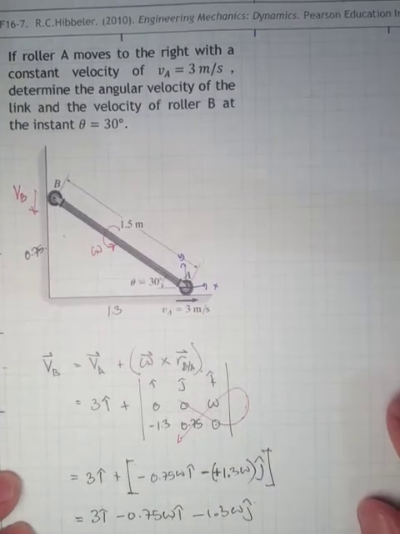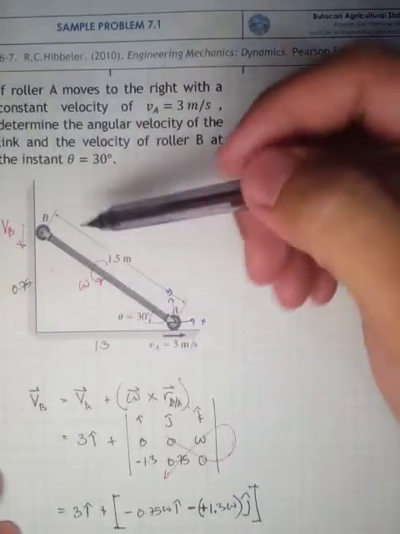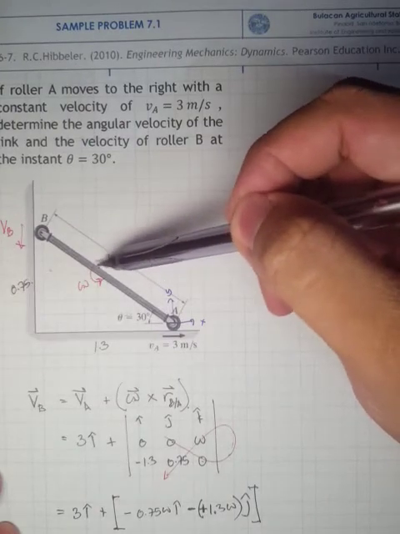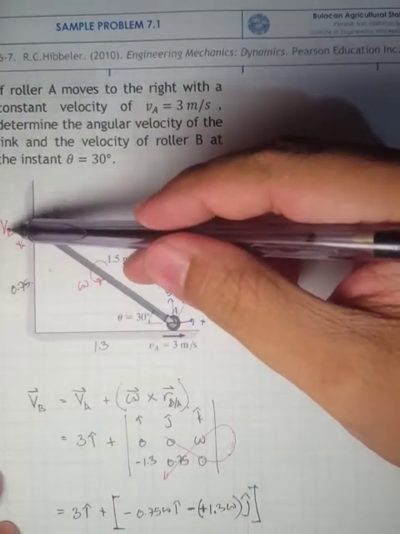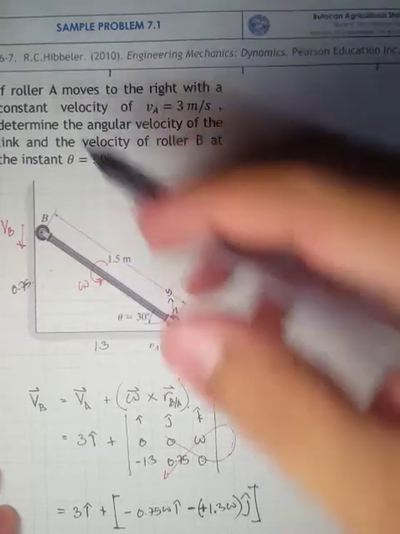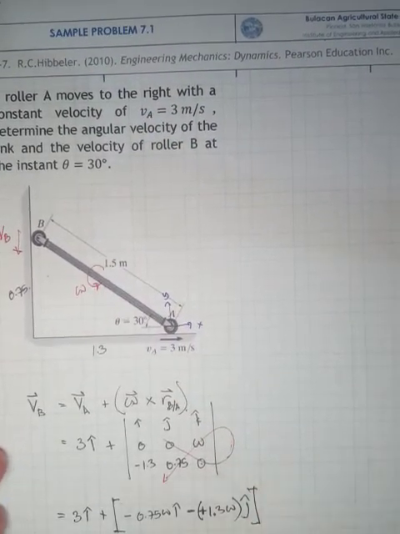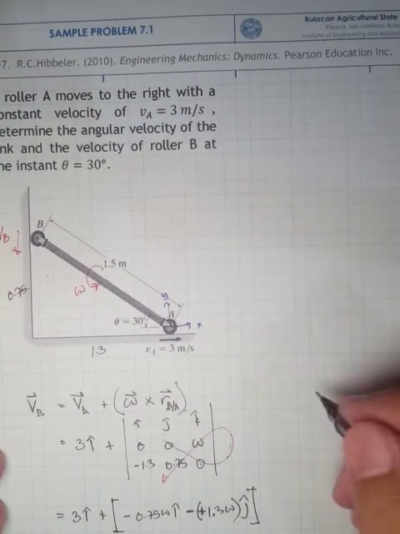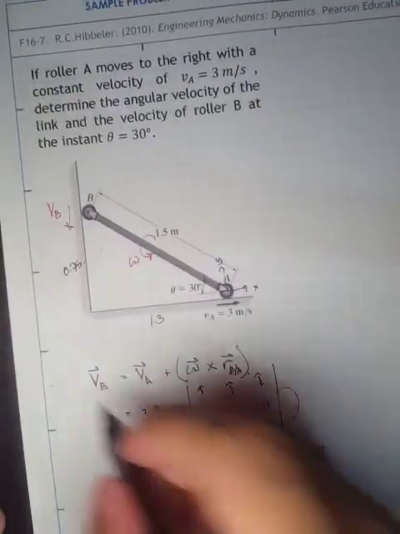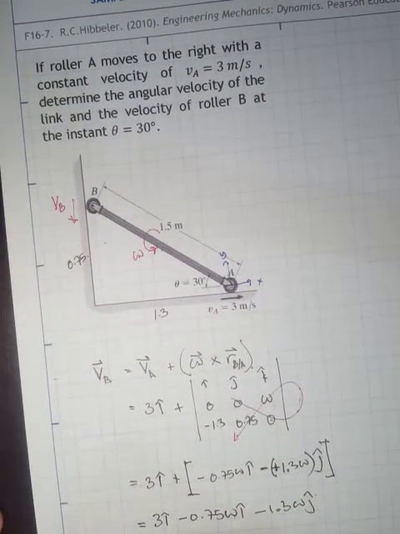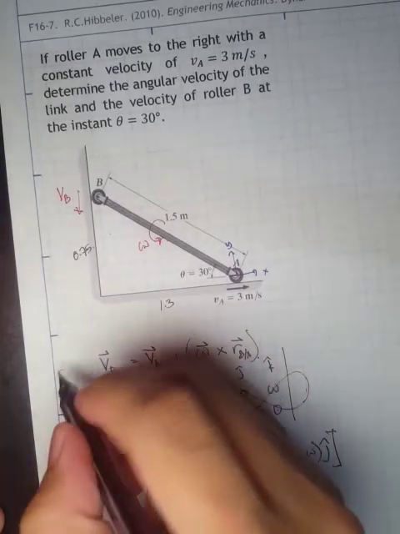Okay, since we have two unknowns, the angular velocity and the velocity of B, we will need another equation. This one is the first equation we have, but for another equation we can solve it here.